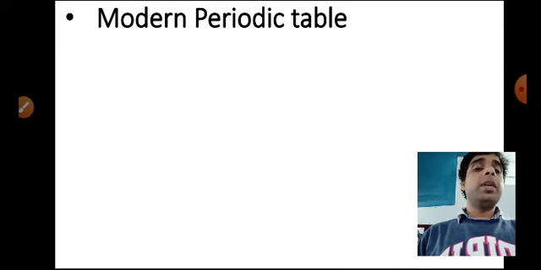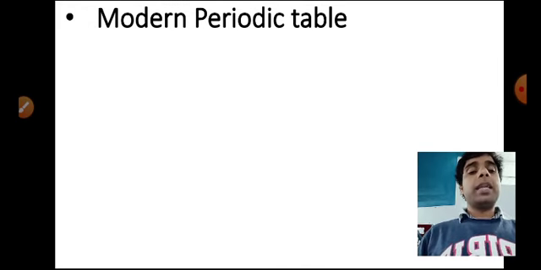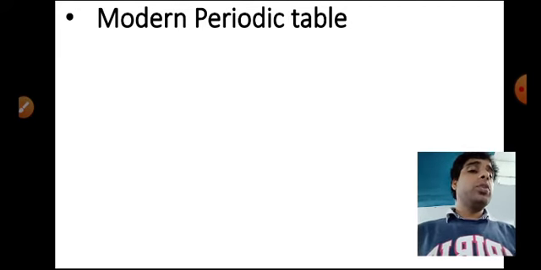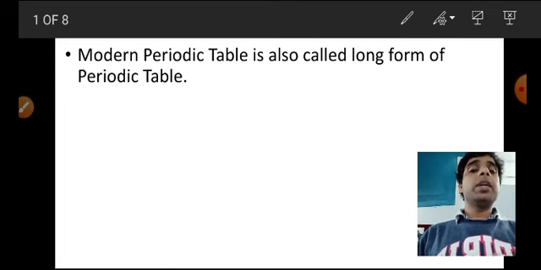Previously, what we have done, the basis of classification was atomic masses, and you have the idea that this was the disadvantage. We still had not found the periodic table matching our expectations, so that's why this modern periodic table is there, and this is also called the long form of the periodic table.